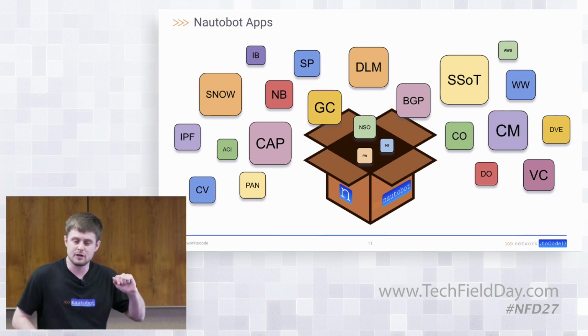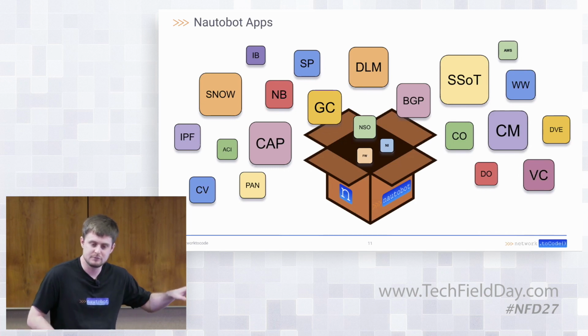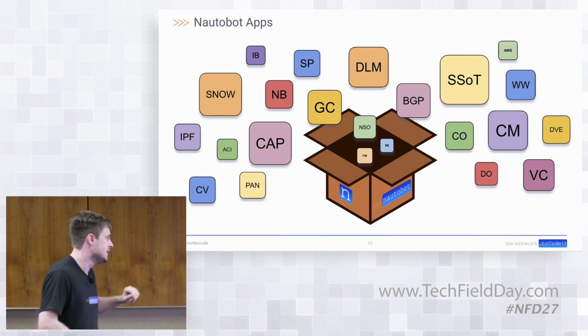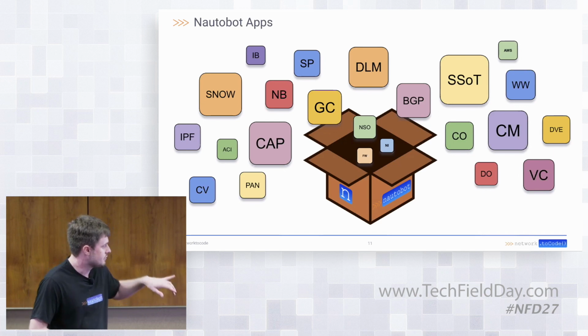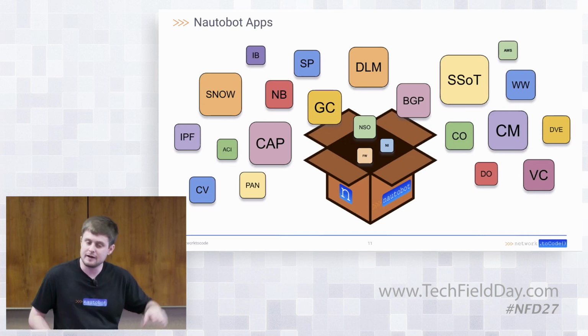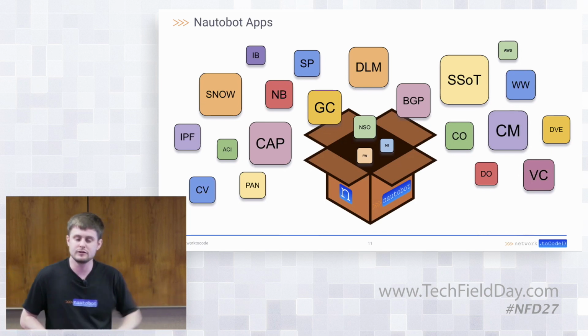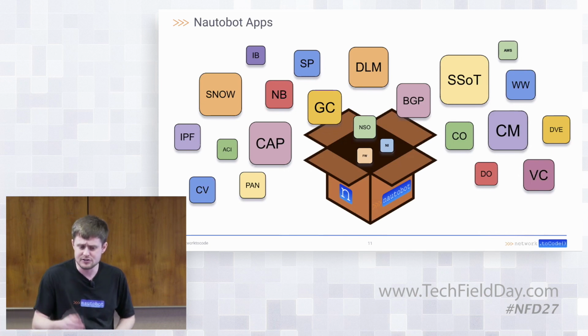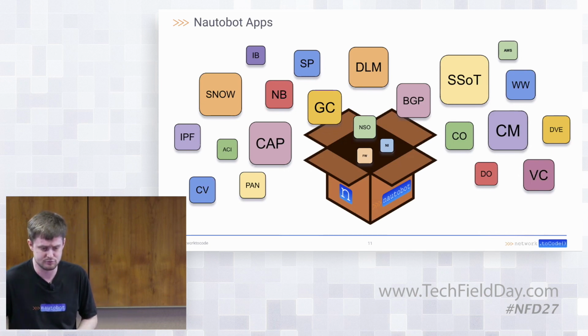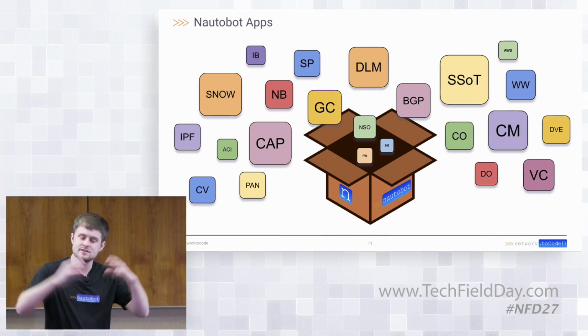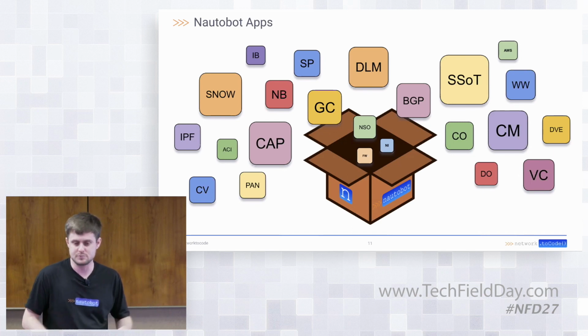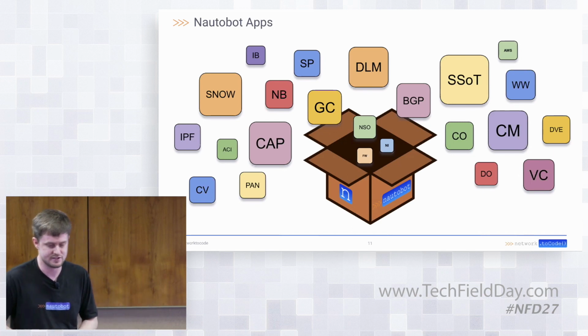We've got some work coming on BGP modeling, data modeling for that, capacity planning, and then some specific integrations, like Cisco ACI or Arista CloudVision through our single source of truth apps and so forth, version controlling for integration with the Dolt database backend and so forth. So just a tremendous ecosystem that we've built around there, and I've got some more specific examples of that later in the presentation as well.